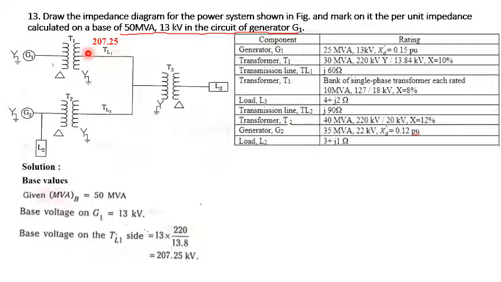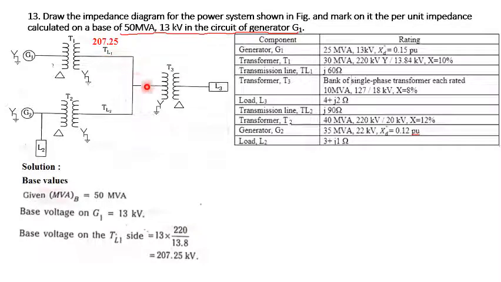The voltage on generator G1 is 13 kV, into the high voltage side of transformer T1. That value is 220 divided by 13.8. Actually we have to consider 13.84. No problem. It is 207.25 kV. This is the value, 207.25 kV, I will get across the transmission line TL1.